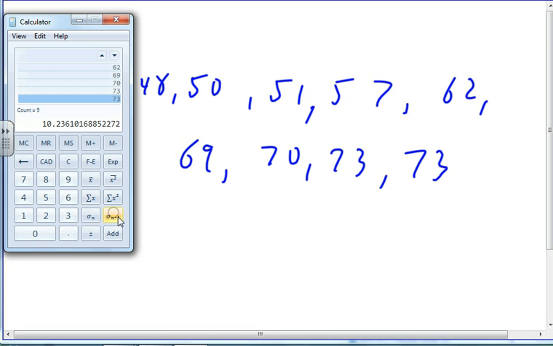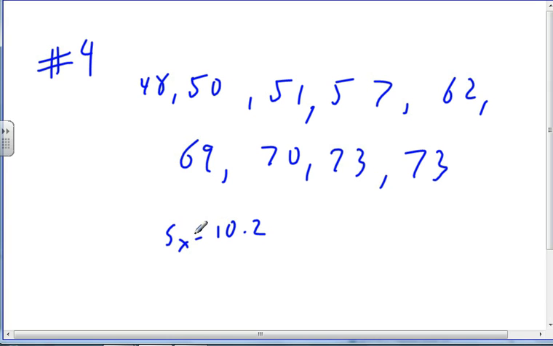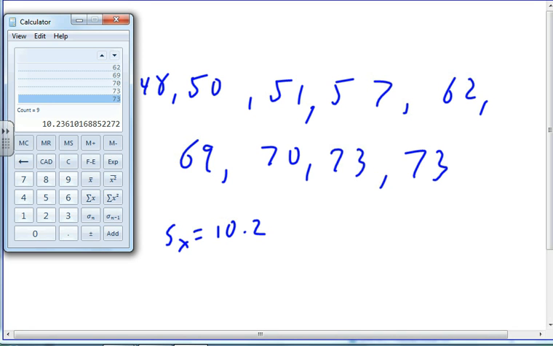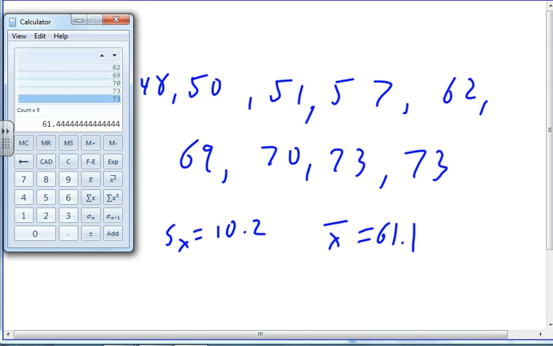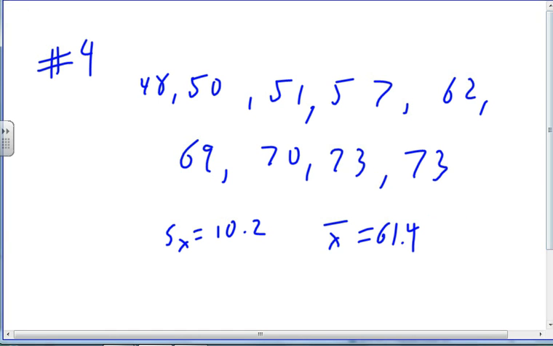I want the sample deviation out. Okay, so I'm 10.2, S sub X, 10.2. All right, so I need the mean. There's the mean. Boom. The mean is 61.4. Okay, so I use the mean, and I can go down to 51.2, so that means the guys here are out.